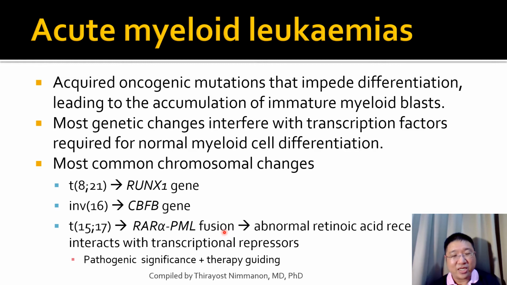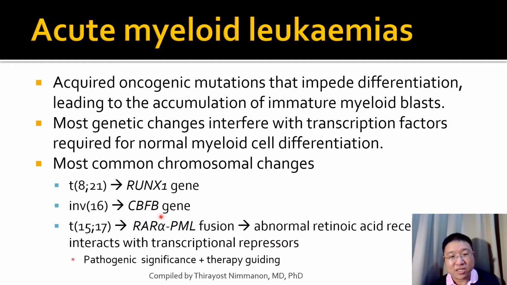This fusion protein results in an abnormal retinoic acid receptor interacting with transcription repressor, resulting in maturation arrest and accumulation of promyelocytes.